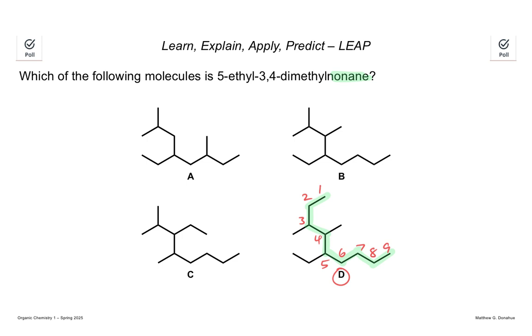So that's the way you would number it. So we'll call the ethyl the red substituent. The 3,4-dimethyl is the blue. Any questions?